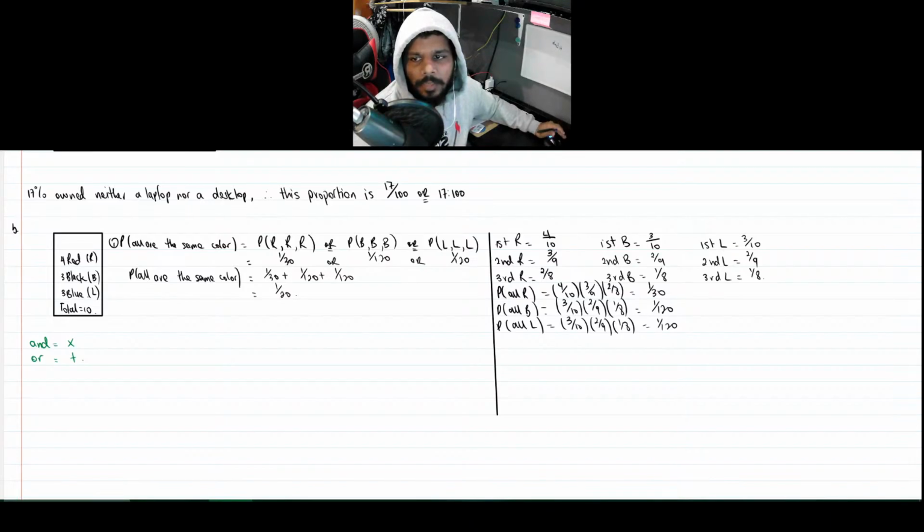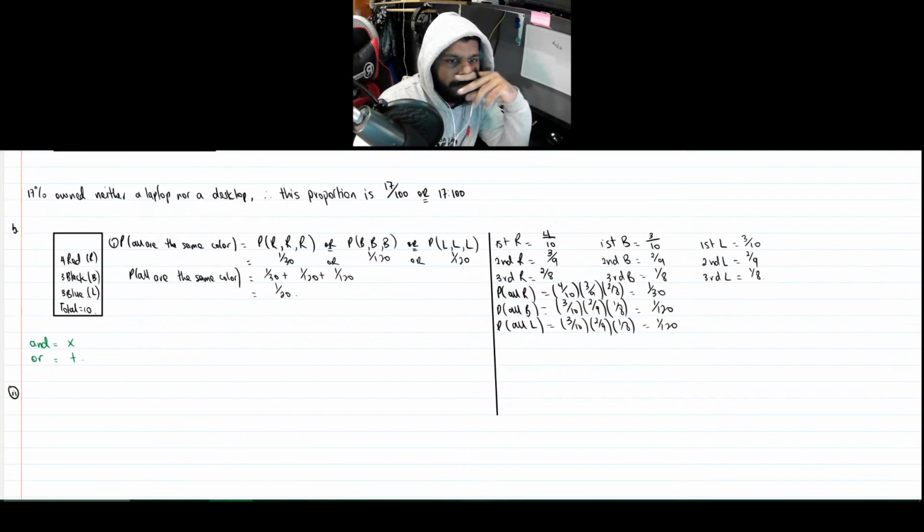Find the probability that the marbles contain exactly one red marble. So let me analyze this one again here. This is part 2, right? Part 1, part 2. When I pick, and I want to find the probability that I pick one red marble, I can dip my hand in the bag, I can pick a red, and then my next two marbles cannot be red.